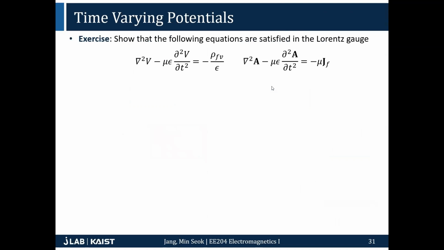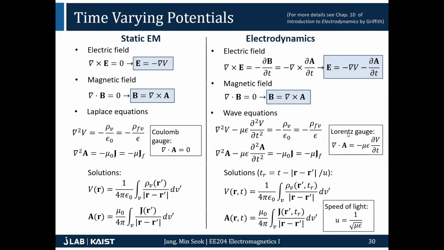And the final thing is just an exercise. I said that if you choose the Lorentz gauge, the divergence of A to be this, then these two equations and Maxwell's equations reduce to the wave equation. But I did not prove it.